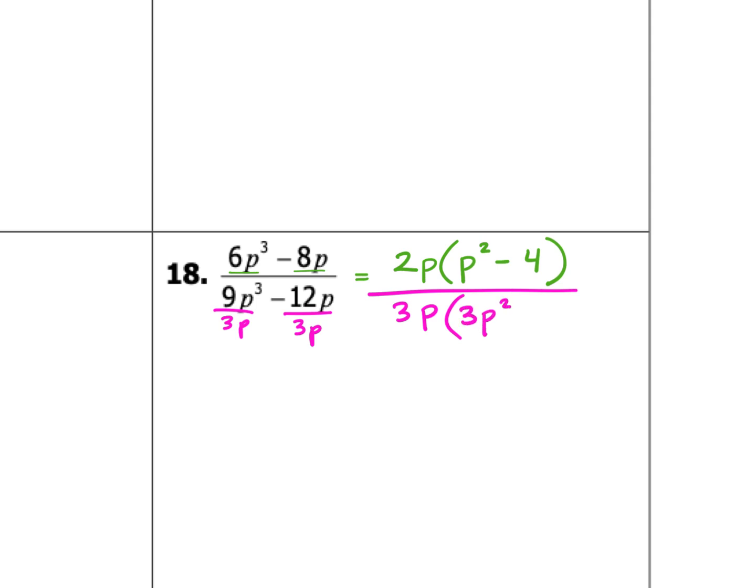squared minus 4. This one does not simplify as much as I was hoping it would. So from here, then we're going to see what we can do with that. Oh, here, it does. I missed my 3. Go back up to this.